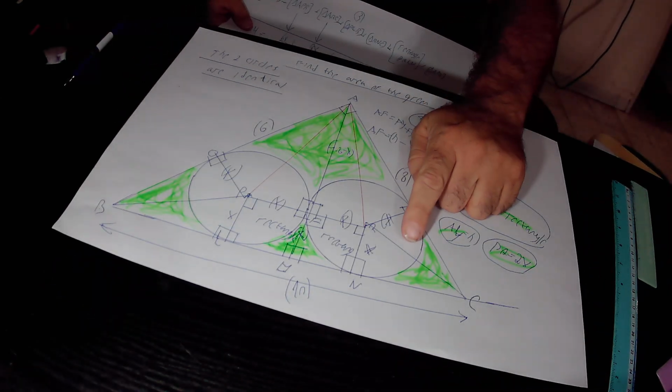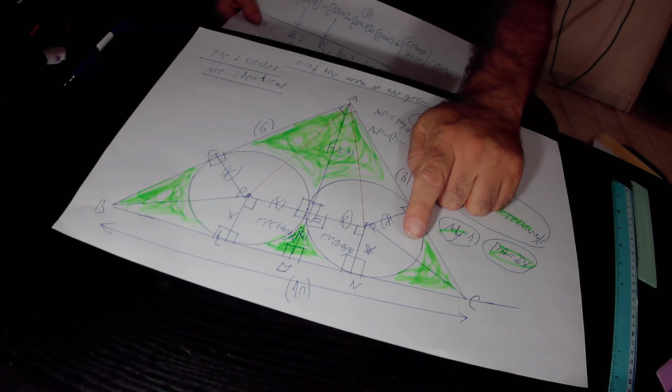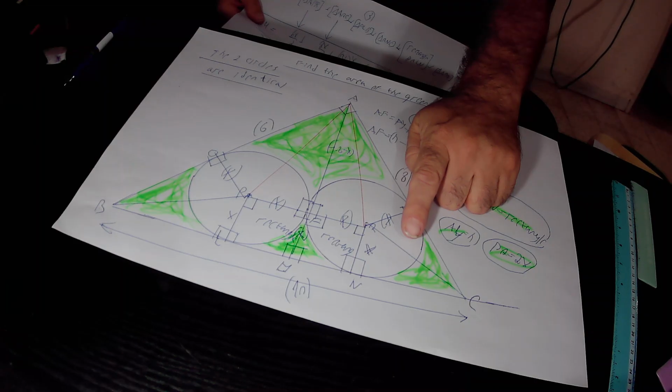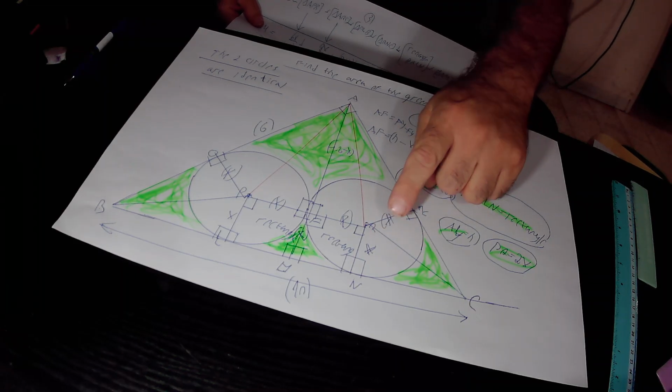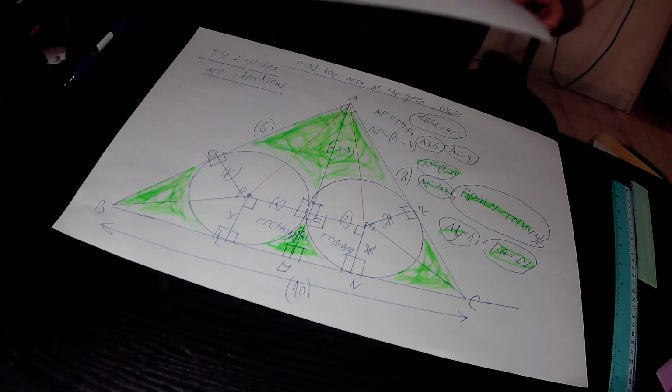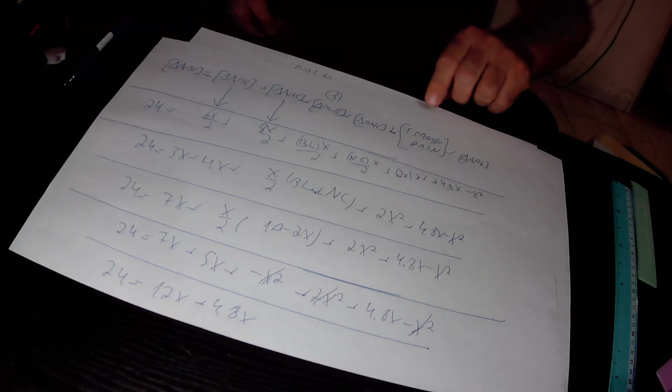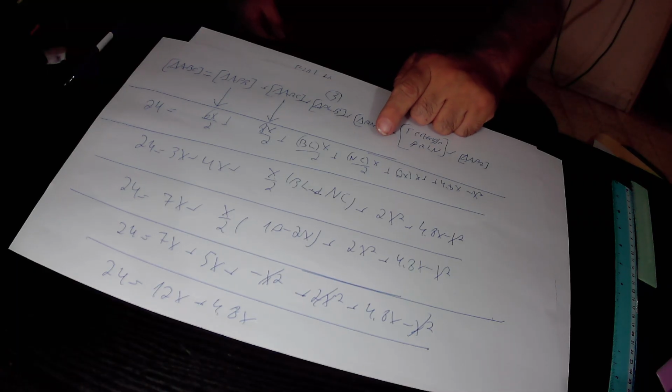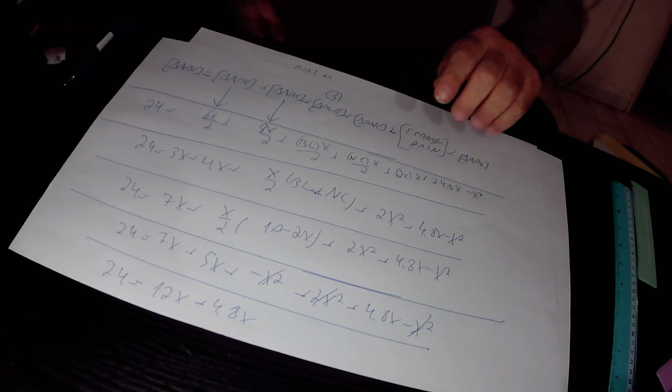Plus the area of this fourth shape, the right triangle QNC. The area of the right triangle QNC equals the base NC times the height NQ, that is x, over 2. So it is NC times x over 2. So the area of the fourth shape equals NC times x over 2.